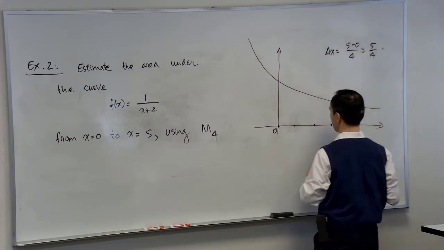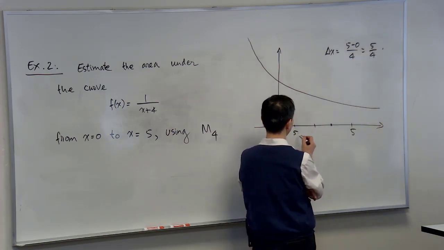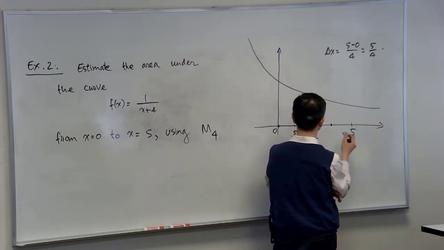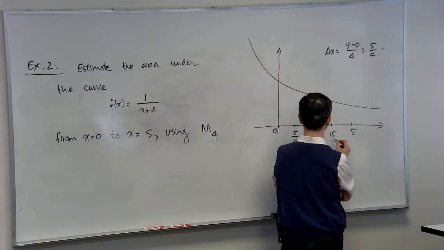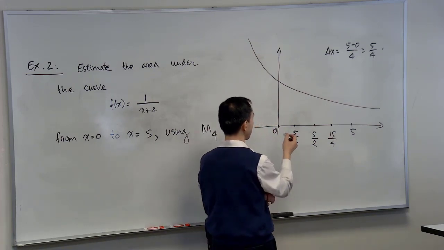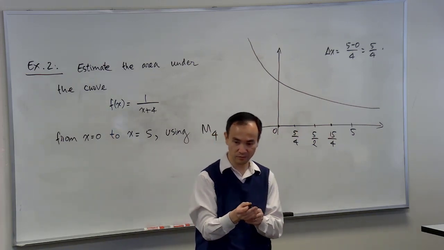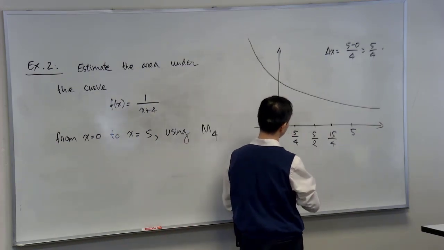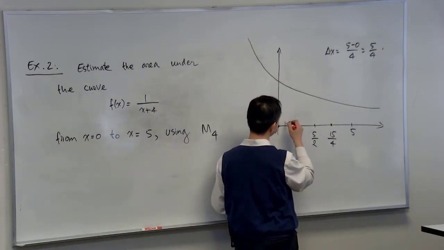5 fourths. This is 5 fourths, 5 halves, 15 fourths. That's why we're back to these points right here that we already had in our partition. The first midpoint here was 5/8.